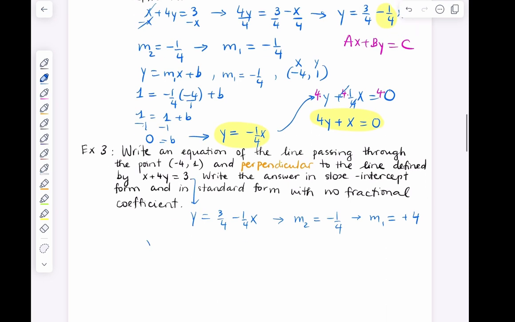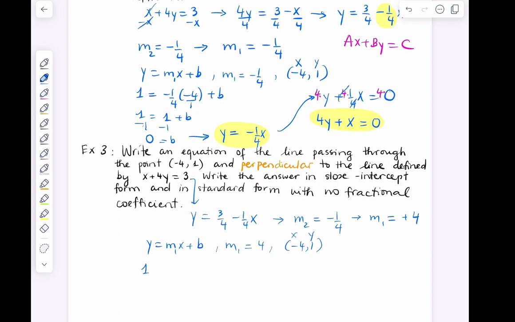Now, we write the slope-intercept form, y equals mx plus b. And we know that the slope now is 4, and the point that it passes through is (-4, 1). So let's plug them in to calculate b.